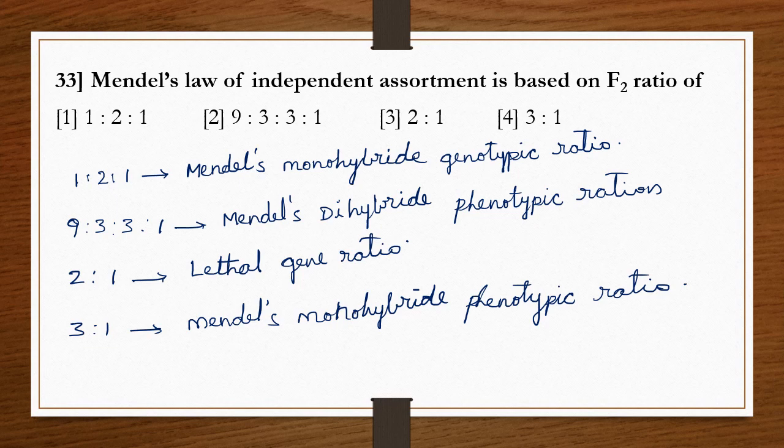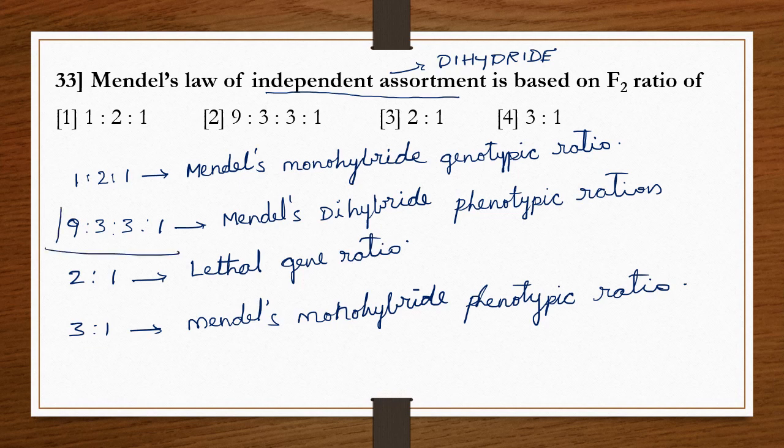So now, as per this information, what the question is asking is Mendel's law of independent assortment. Independent assortment is explained based on the dihybrid cross. So among these options, 9:3:3:1 is the dihybrid cross.